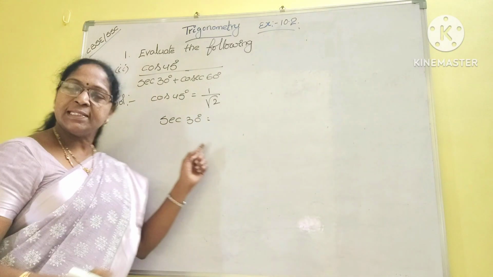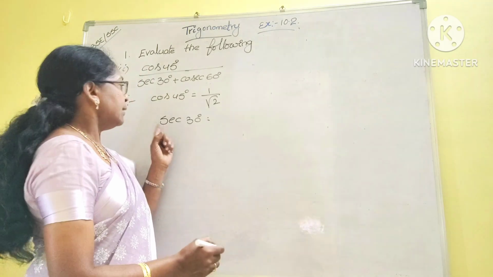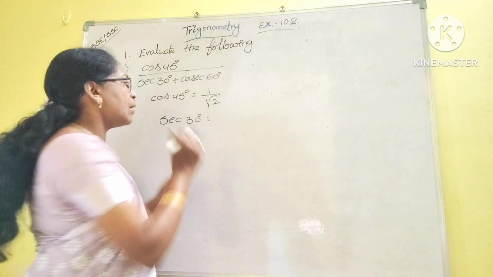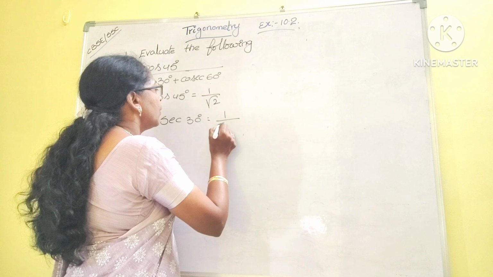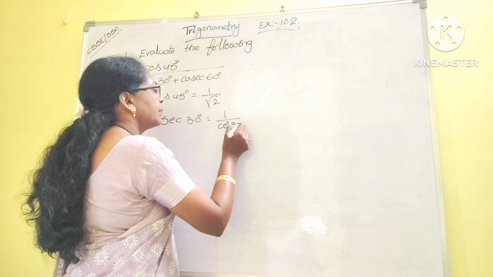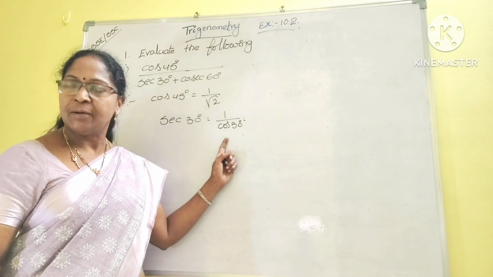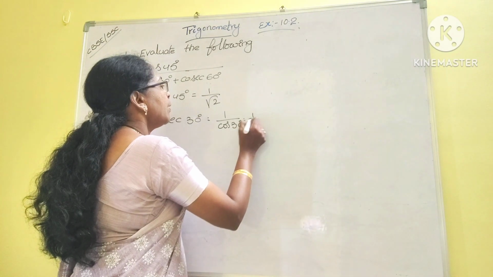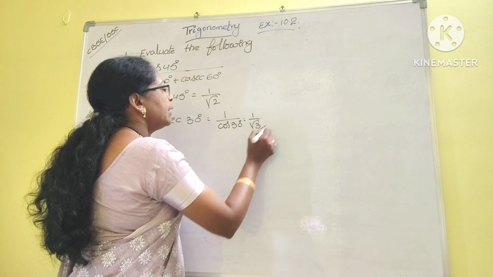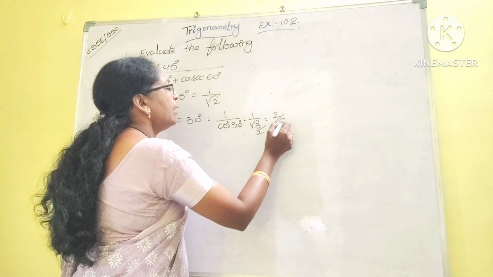If you don't know the secant 30 value directly, secant is the reciprocal of cos. So just write 1 by cos 30, where cos 30 equals root 3 by 2. So 1 by root 3 by 2 equals 2 by root 3.